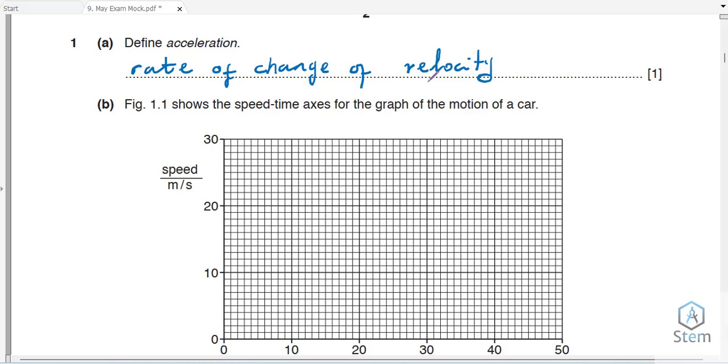That's also acceptable. Or you can give an equation, velocity over time. That's acceptable as well. So choose which one you are more comfortable with and go with that.